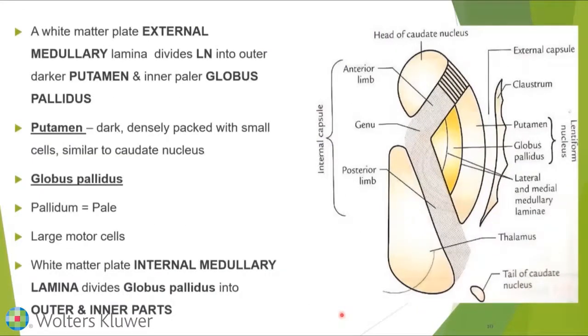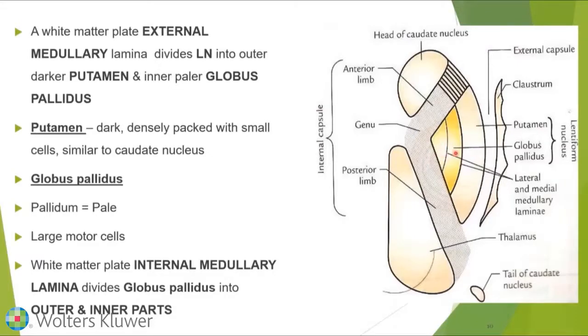This picture shows the subdivisions of lentiform nucleus. A white matter plate called external medullary lamina, or otherwise lateral medullary lamina, divides the lentiform nucleus into an outer darker putamen and an inner paler globus pallidus. The putamen is dark and made up of densely packed small cells, similar to caudate nucleus.